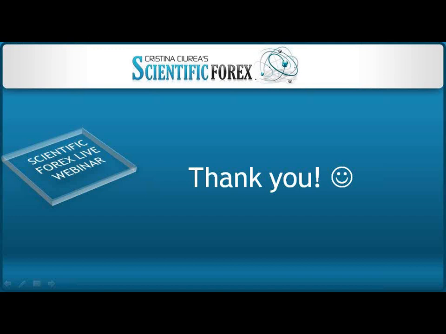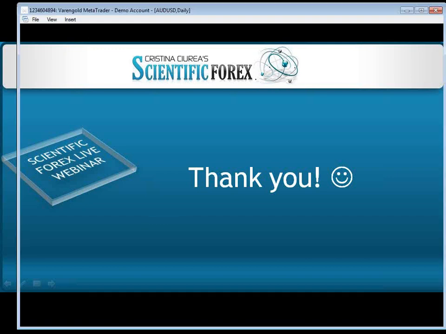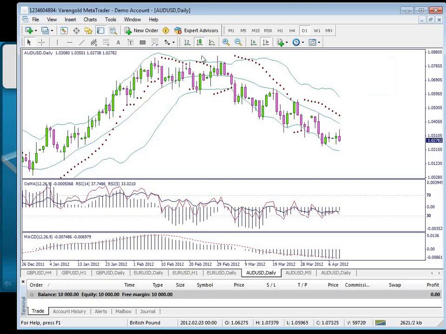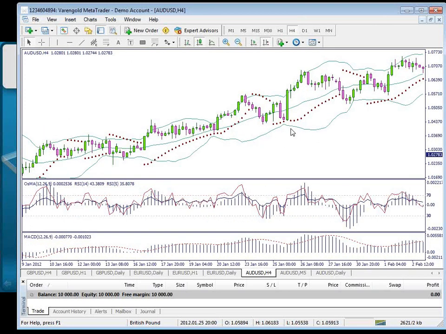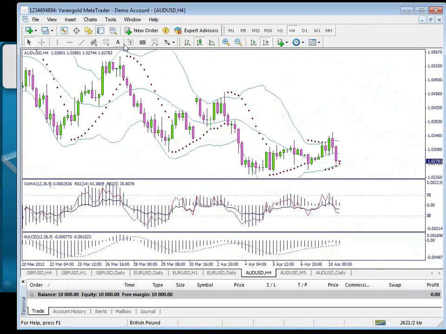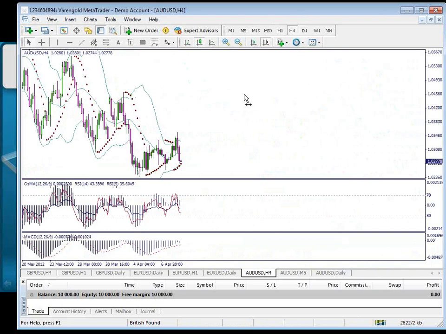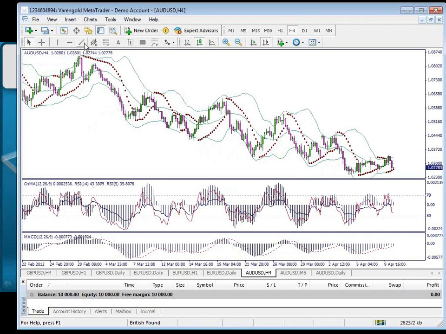There's one question here. At what point do you move your stop loss to break even, and at what levels do you move it up? Okay, let's go to the chart. Okay, what is happening with Aussie dollar?